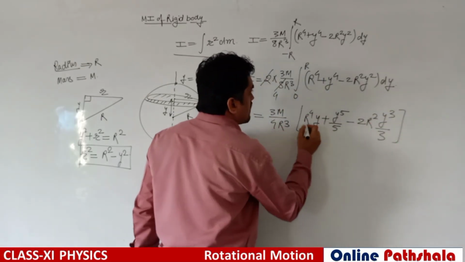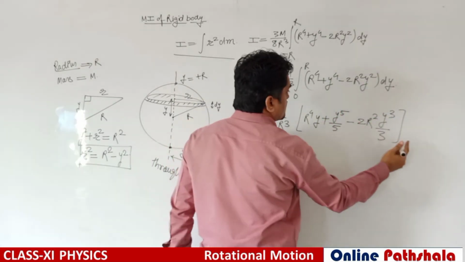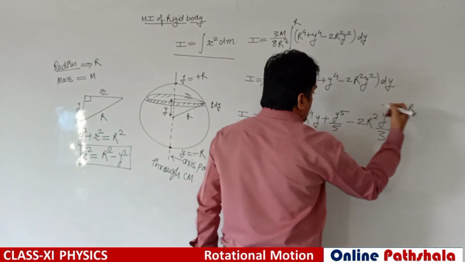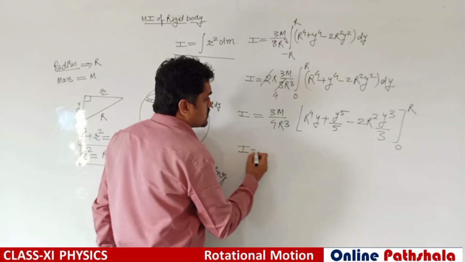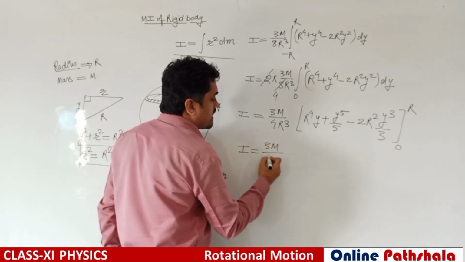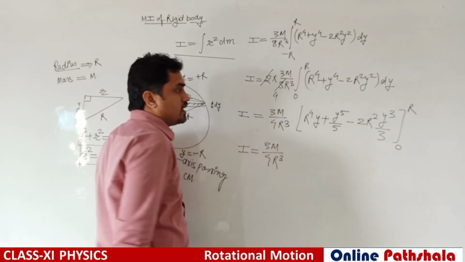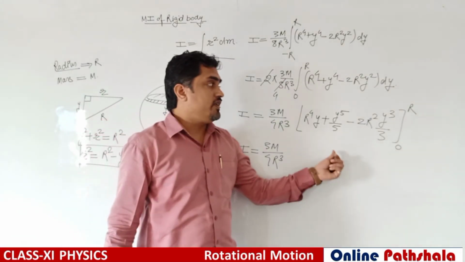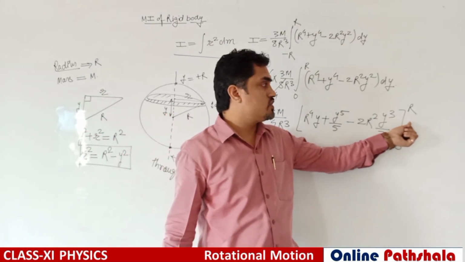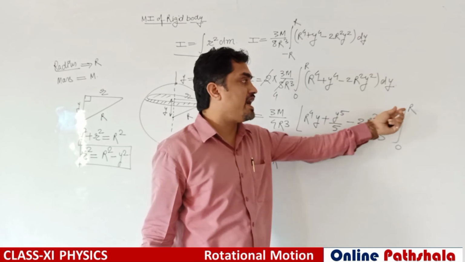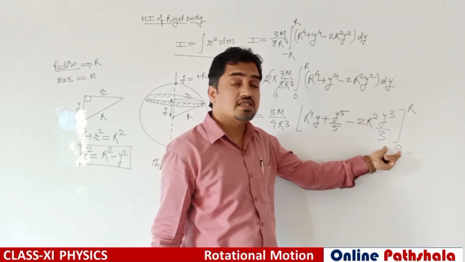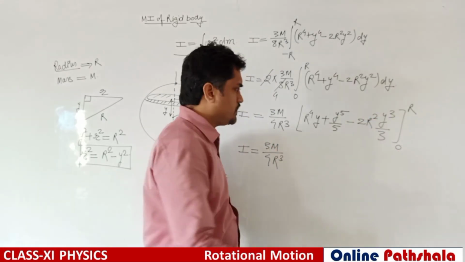What is integration of y square? It is y raised to power 3 by 3, from 0 to R. Now, we are putting the limit. So, I is equal to 3 capital M divided by 4 R cube. First upper limit: you have to replace y by R, and then lower limit, it will become 0.